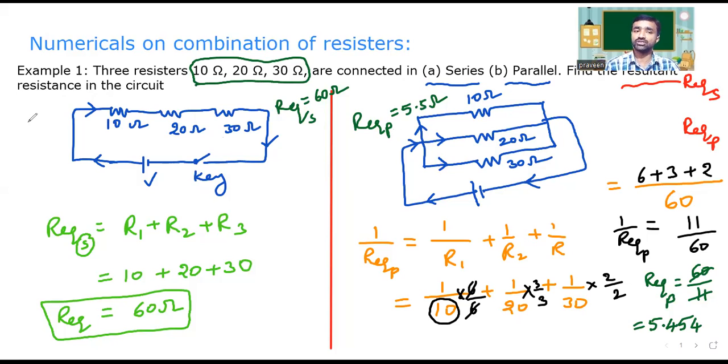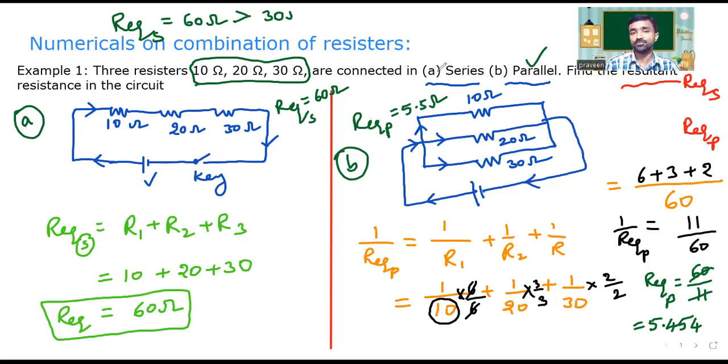Here the first one is series combination, the next one is parallel combination. So it is given by parallel combination. If you compare the equivalent resistance with any of the resistances: in series combination, I got 60 ohms. That is greater than the greatest resistance among the three.